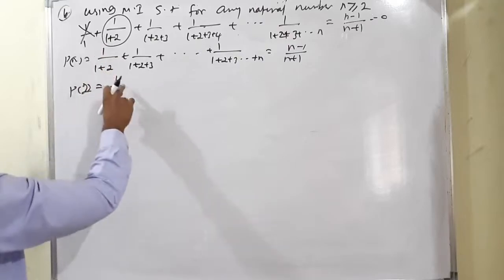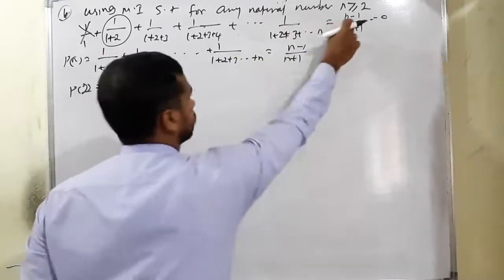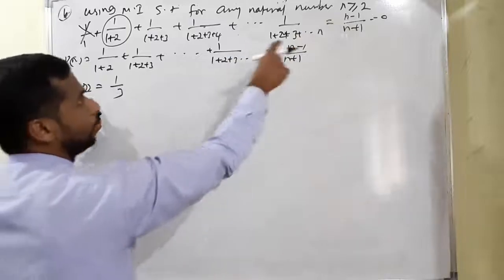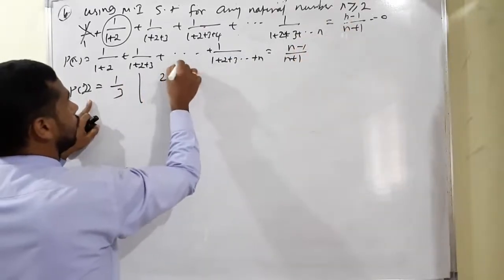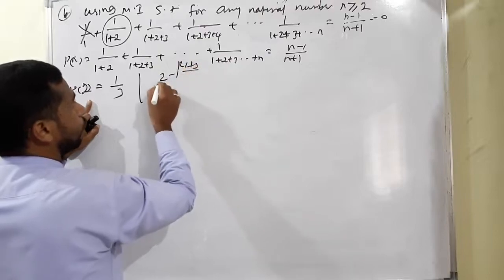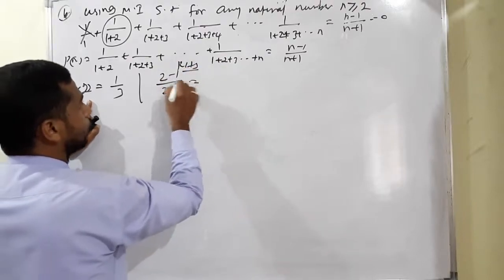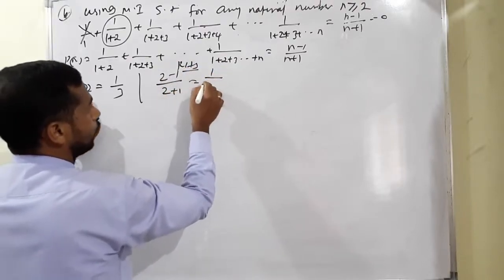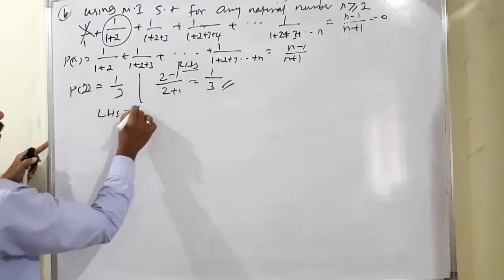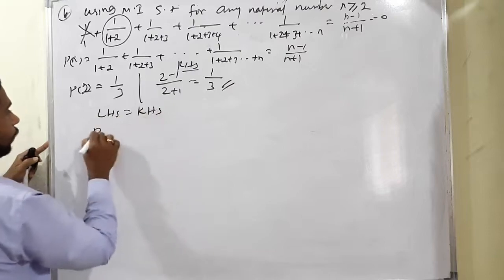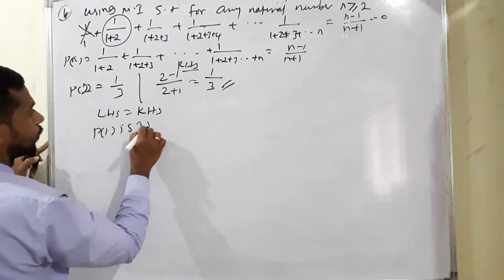Okay, 1/(1+2) is equal to 1/3. On the opposite side, look at there, P of 2 means you will get the correct answer. 2 minus 1 over 2 plus 1, this is called RHS. Therefore 2 minus 1 is equal to 1, and 2 plus 1 is equal to 3. Now we can say LHS is equal to RHS. Therefore we can say P of 2 is true.